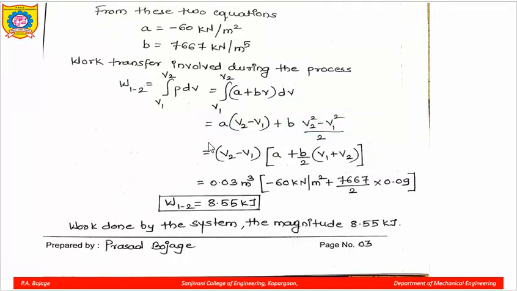Now, taking the common terms out, the common term will be V2 minus V1 into bracket A plus B upon 2 into bracket V1 plus V2, bracket complete.